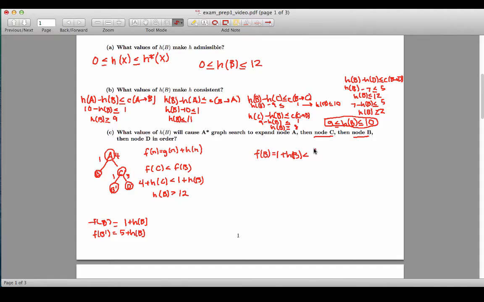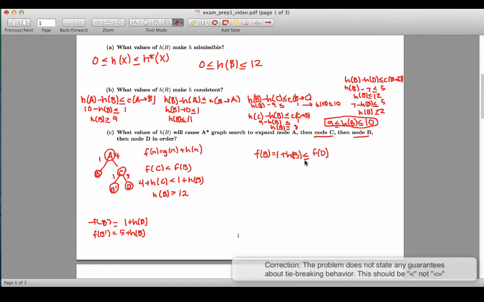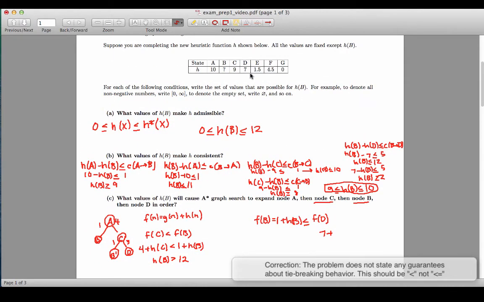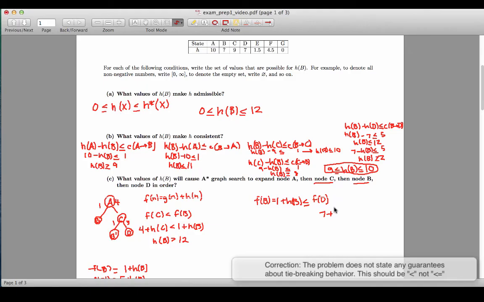I'm putting an equal sign here because ties are broken alphabetically, so if they're equal, b will be expanded before d. f of d is equal to the cumulative cost to node d, which is 7, plus the heuristic for d, h of d, which is also 7.